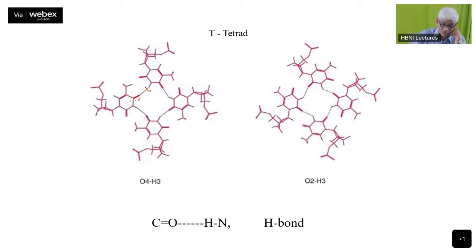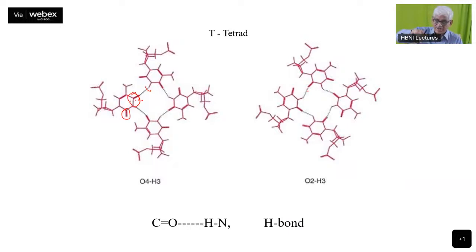So here O4...H3, the T imino is at the 3 position, O4...H3, and here it is O2...H3. Notice there are two carbonyl groups in T. This is one carbonyl group and this is the other carbonyl group. This is 4 and this is 2, and here you see the O4...H3 hydrogen bond, and here is the O2...H3 hydrogen bond.